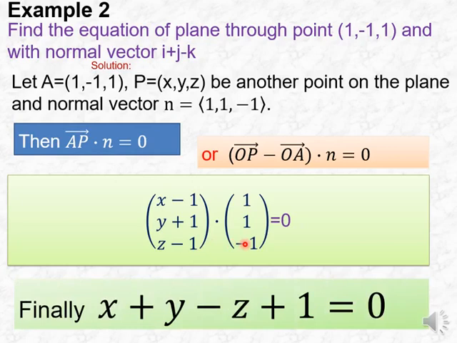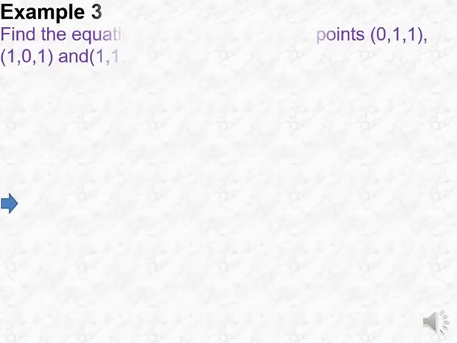So when we simplify it, we end up with this expression, which is x plus y minus z plus 1 equals 0. That's the equation of the plane.